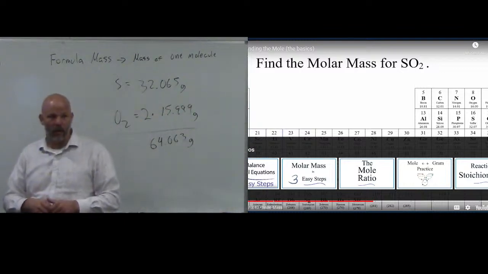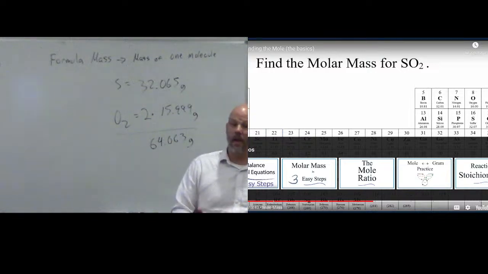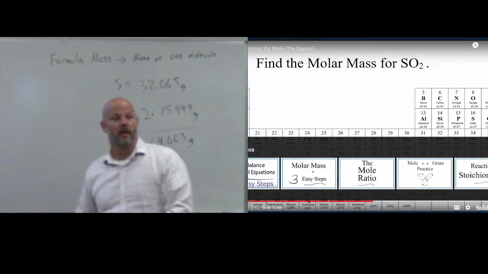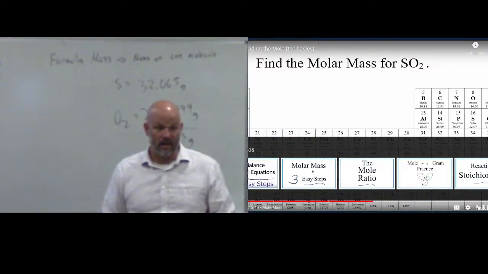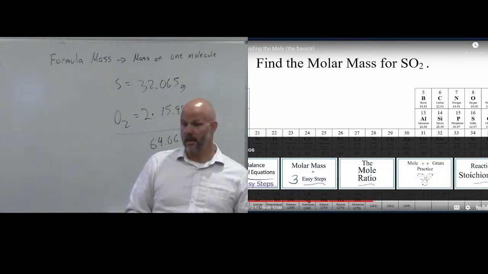1 mole of hydrogen has the same number of individual atoms as 1 mole of oxygen, which has the same number of atoms as 1 mole of nitrogen. A mole is always the same number. Now, they'll have different masses, right? Because oxygen is just a whole lot heavier than hydrogen is.